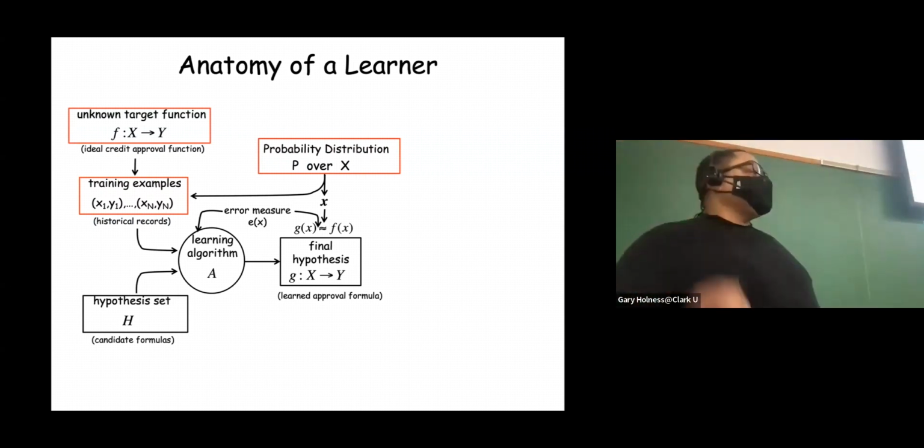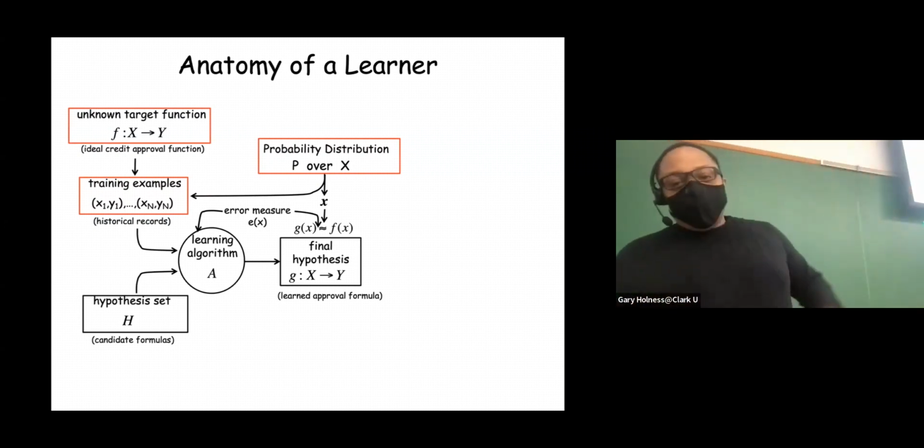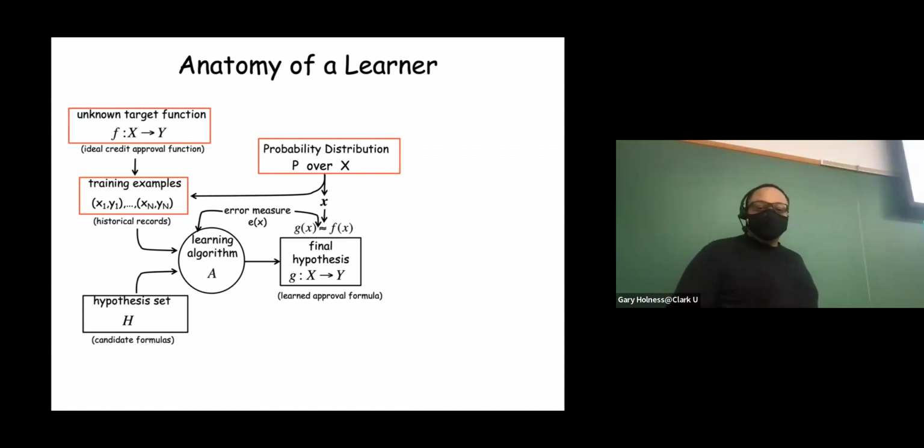Because at the end of the day, what you're interested in is for what you quote unquote learn to apply well to new examples that your algorithm, your system, your model has not seen. And so I won't go over those components.